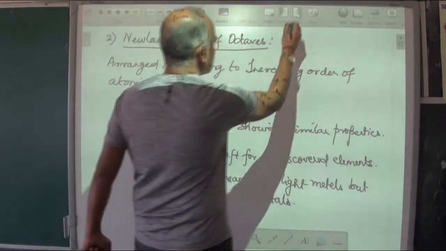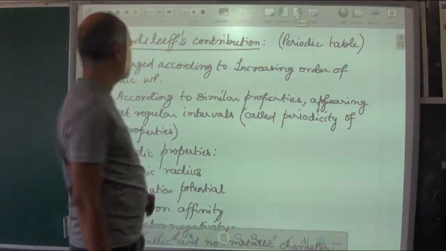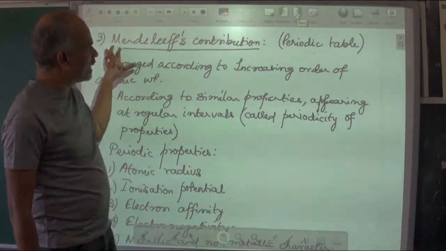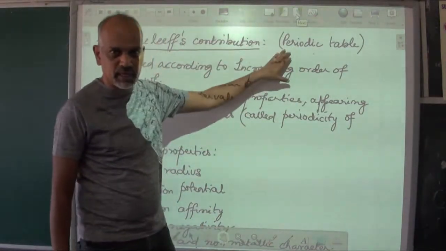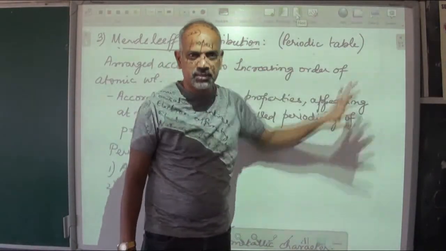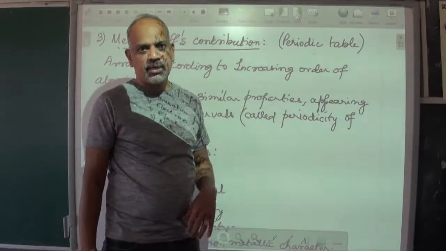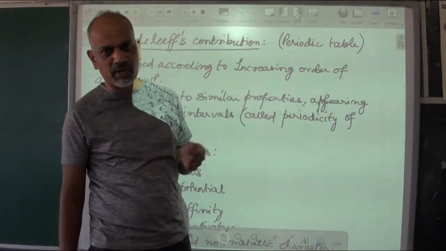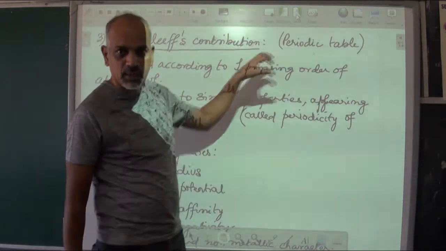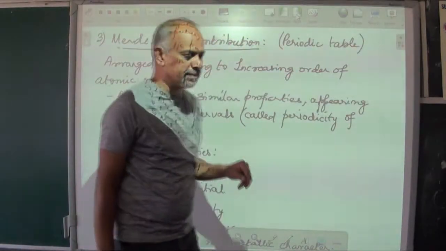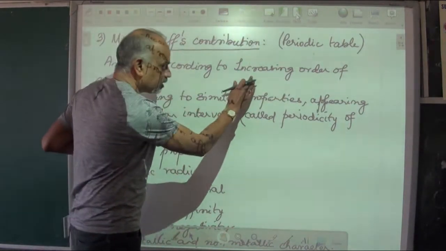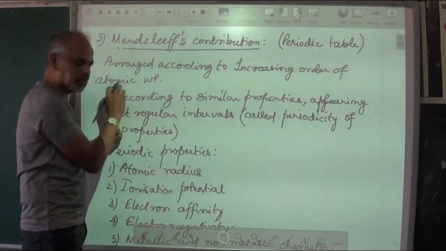So the next one is Mendeleev's contribution. He is the one who actually found the periodic table. The actual periodic table which I showed you in the book is called the modern periodic table. The one which he founded was just the periodic table, where his arrangement was again according to increasing order of atomic weights.